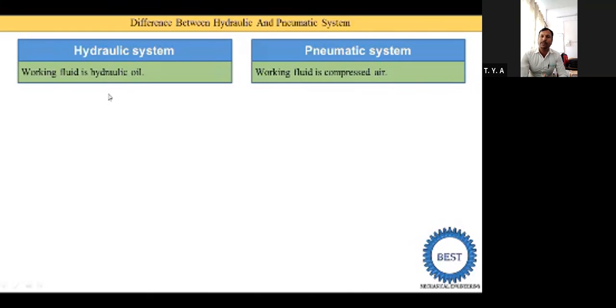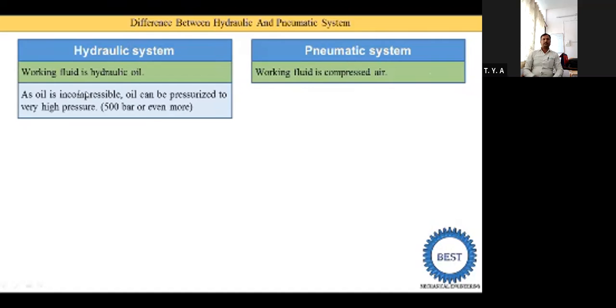And this is very important with respect to the university exam also, because in the university exam you will have MCQ questions. So if you know the difference between the hydraulic system and the pneumatic system, then it will be easy to answer the MCQ questions.